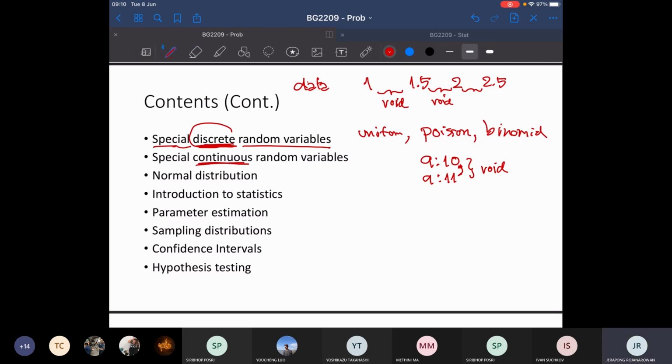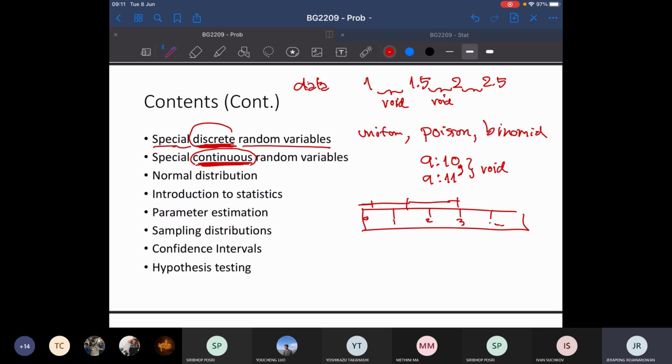And on the other hand, if your data doesn't have voids, it can be continuous, whatever you have. For example, if you have a ruler, you can see that you have 0 here, 1 inch, 2 inches, 3 inches, and so forth. If you measure something, it could be lying somewhere here, or here, or somewhere here.